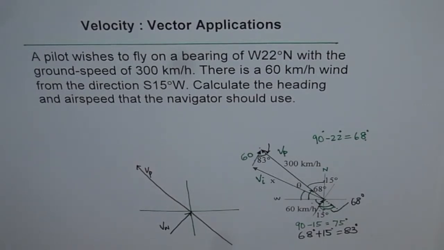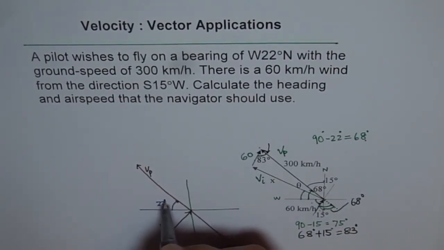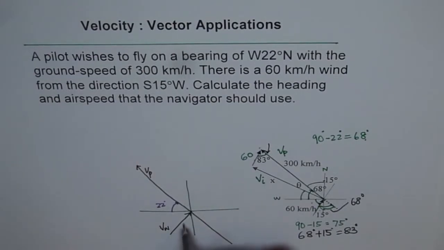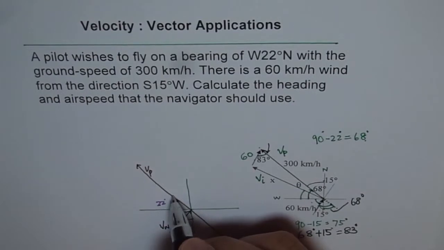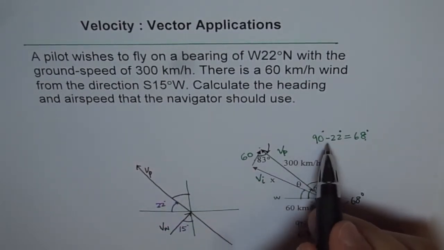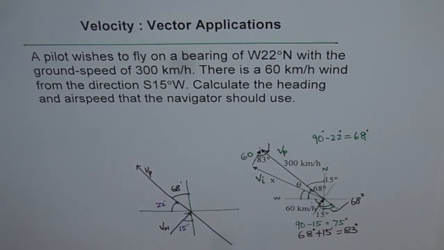And we know that the angle which it makes from here is 22 degrees, correct? And the angle which wind makes is 15 degrees, correct? And therefore this angle will be 90 minus 22, which is 68 degrees, right?